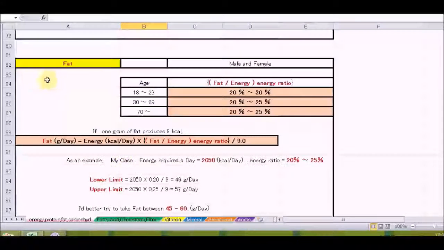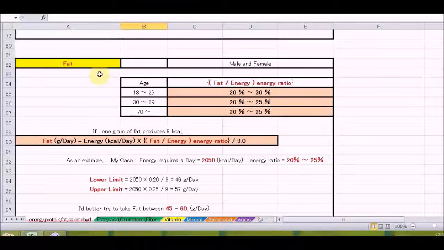Well, about fat, can be estimated by this table, age and energy ratio.